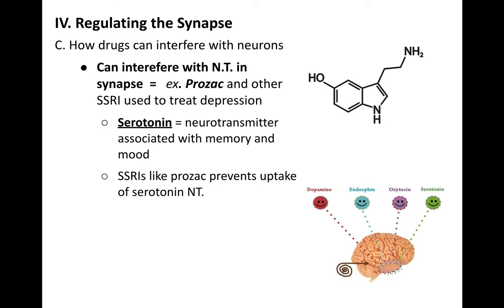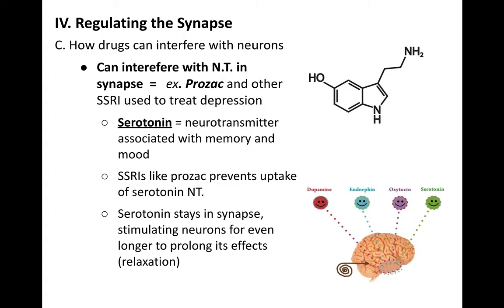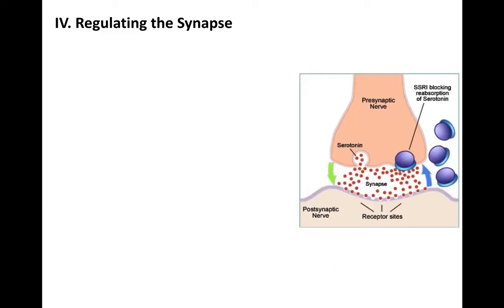So if you prevent uptake, if you prevent removal of the serotonin, any serotonin that's released into the synapse has more opportunity to re-stimulate the postsynaptic neuron to produce more impulses on your neurons that are related to serotonin, related to mood. Okay? So it has a chance to prolong and strengthen its effects. In this case, produce more relaxation.